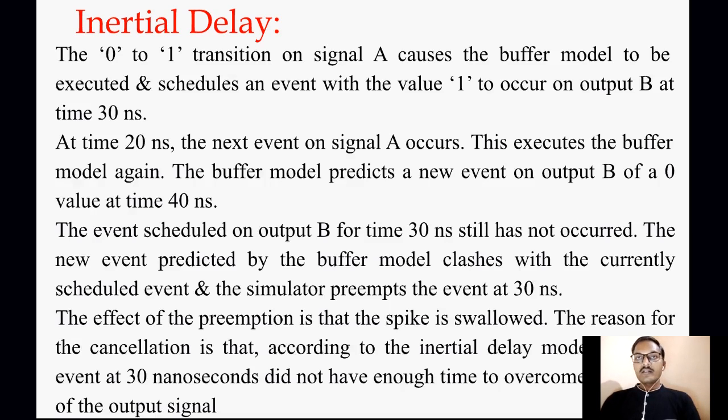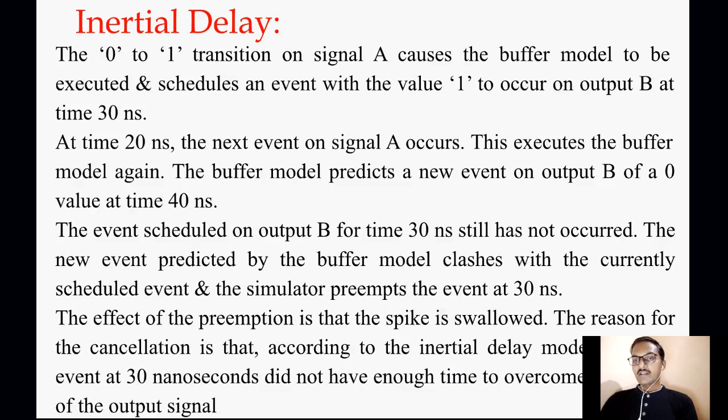The 0 to 1 transition on the signal causes the buffer model to be executed and schedules an event with the value 1 to occur on output B at a particular time, 30 nanoseconds. So the spike will come at 10 nanoseconds. Adding the delay to that, we will get any changes after 30 nanoseconds.